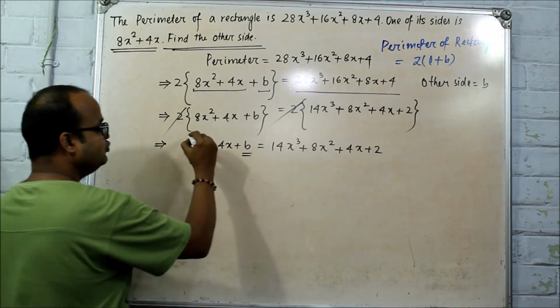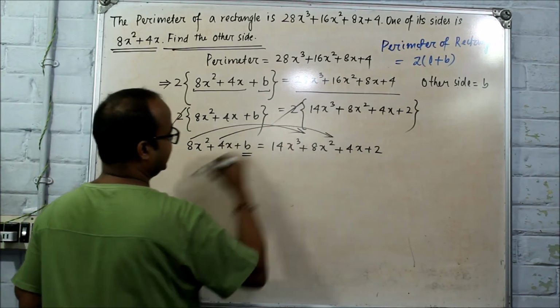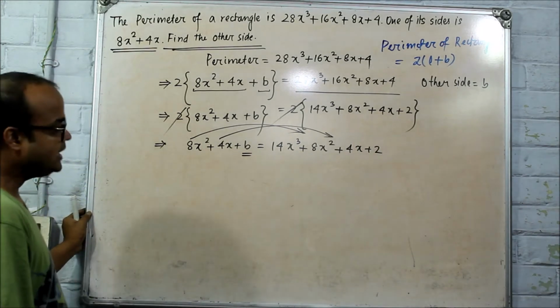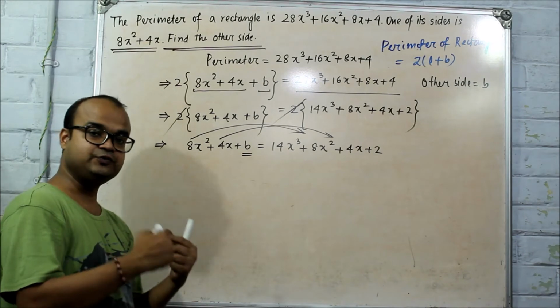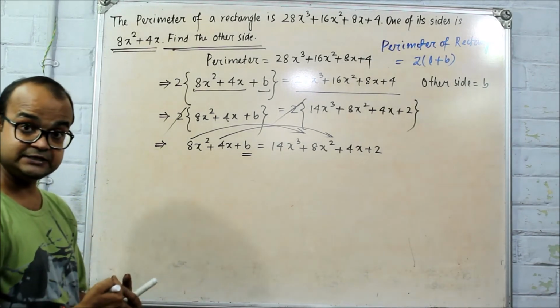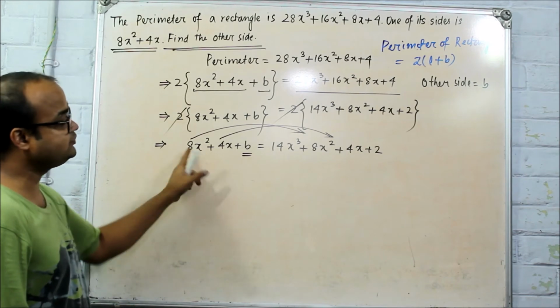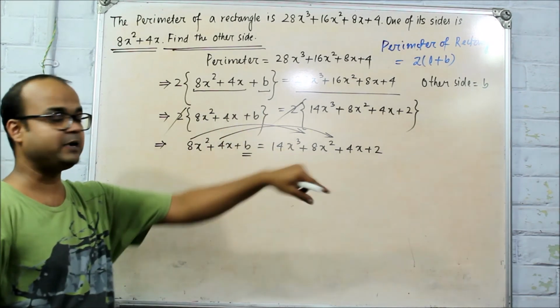So we need to move these two terms, that is 8x square and 4x, to the other side. Once you transform a term from one side to the other side, it will change its sign.